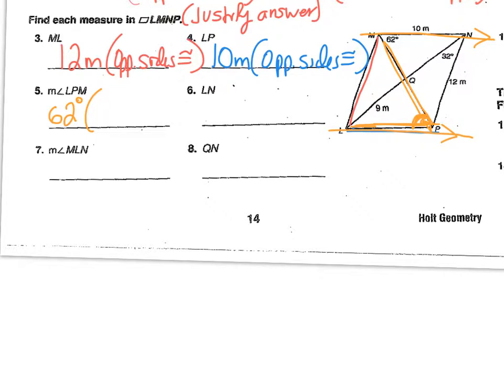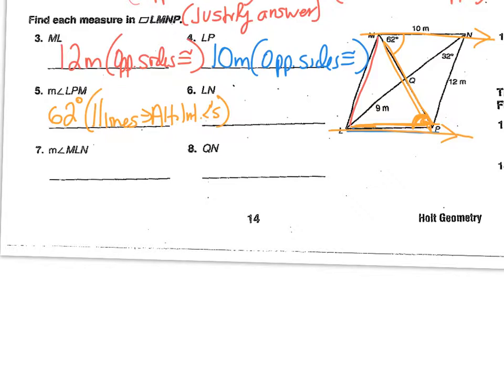We learned this lesson. How do you call those angles? Alternate interior angles. That is right. The lines are parallel lines, and that implies alternate interior angles.